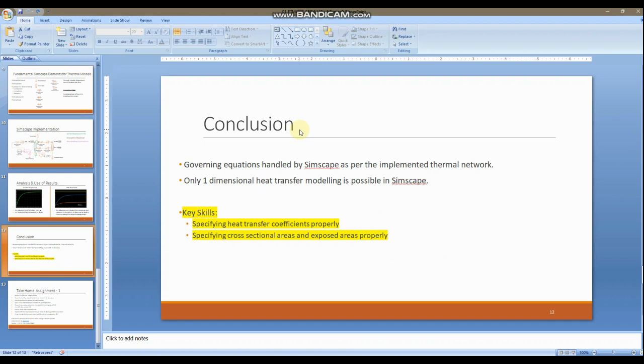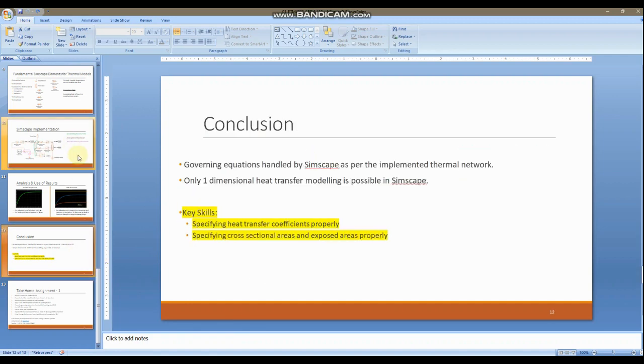And the take home skill from this is that, either when writing those equations, or when you are specifying the properties of the Simscape blocks, you need to be aware of selecting the proper heat transfer coefficients and proper cross-sectional areas and exposed areas in an appropriate manner.